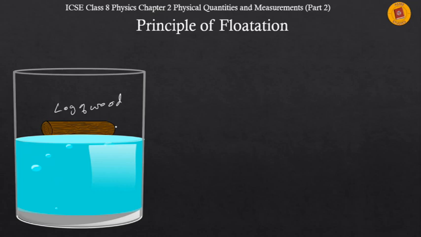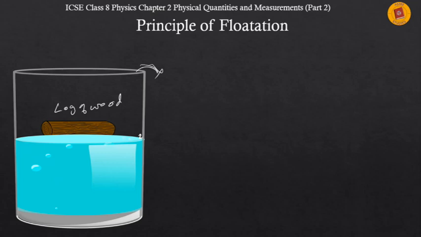But still, even if the weight of this object is very small, it has a minimum weight, of course. Any object cannot have zero weight, right? So it will displace some amount of liquid. Even if it does not spill out like this, it will displace some amount of liquid.